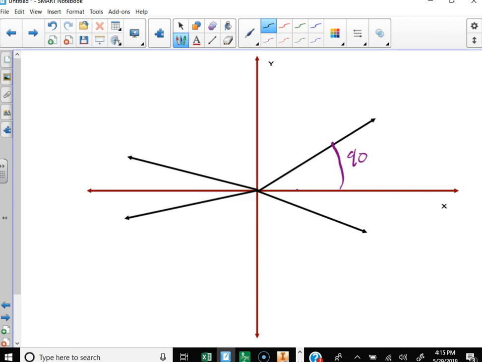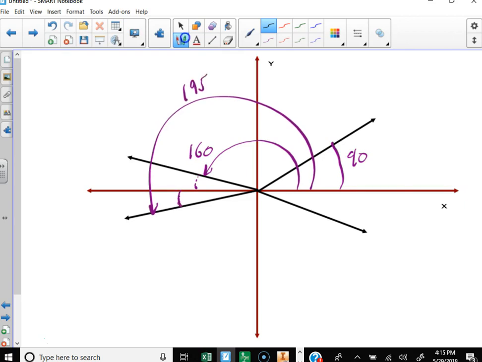Maybe this from here to here is, let's go 160, 20 degrees shy of 180. Maybe this one is, let's say, 15 degrees past 180. So that'd be 195. Notice this angle is an important one to know, though. That's 15. The way I set this up, I made this 20.